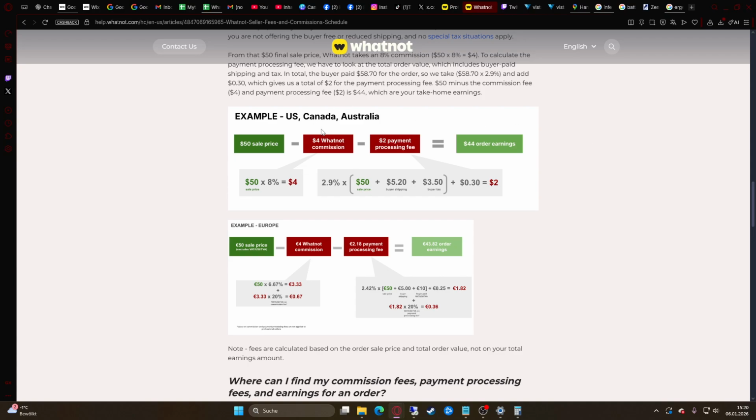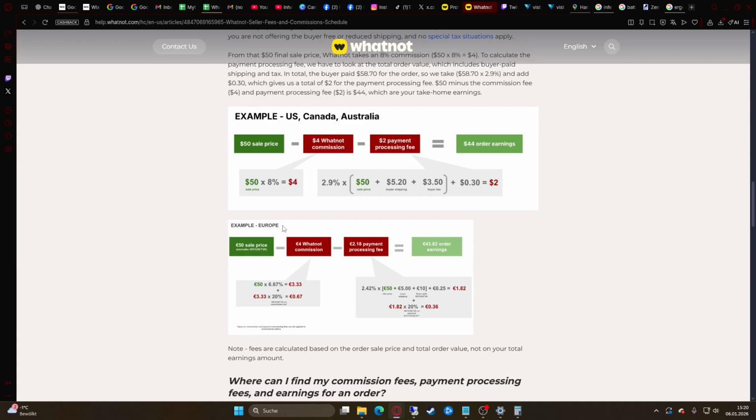There are two parts. One is the commission, one the processing fee, and it differentiates between the US, Canada, Australia, and Europe. So it will be a little bit different depending on where you live. But that's nothing to worry about because I will tell you what to change in the spreadsheet if you're living in the US or in Canada, Australia.